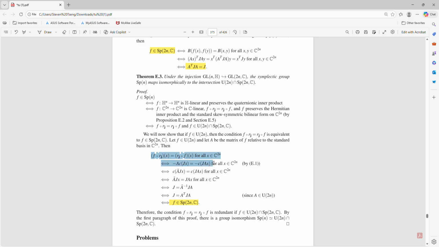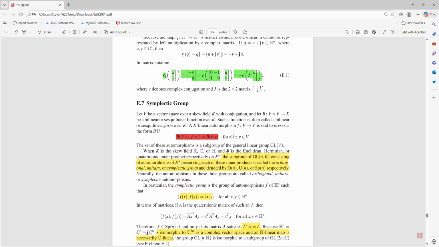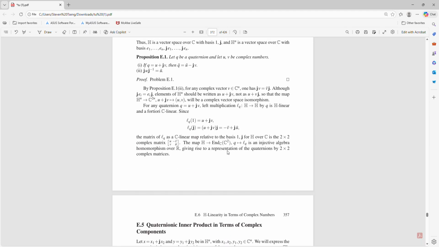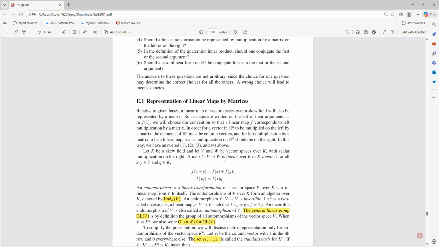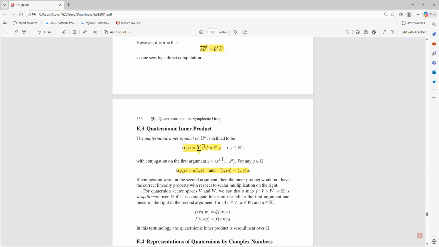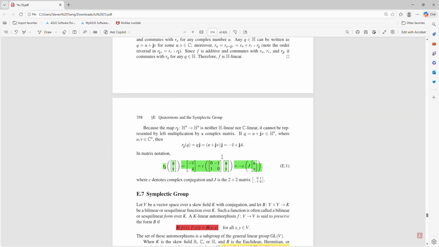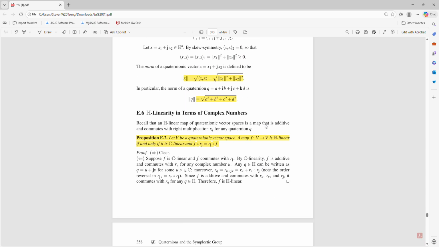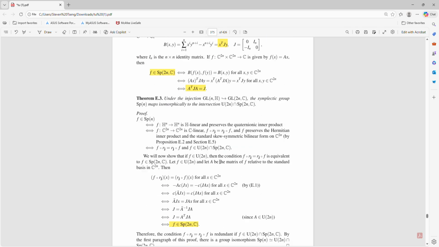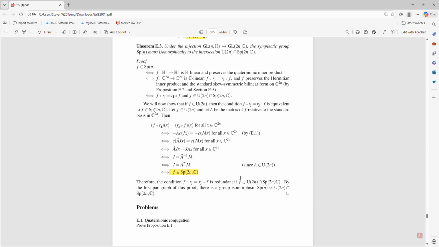We can write this condition, and we get this by this equation, E1 of section E6.